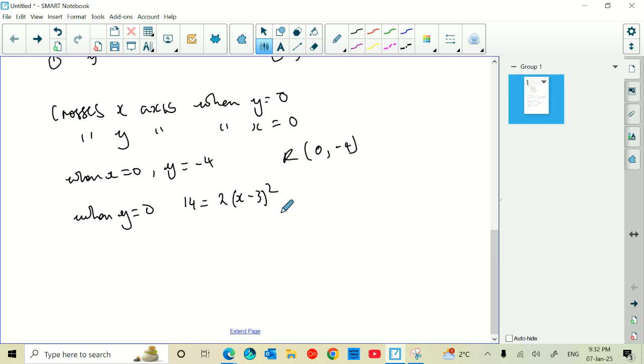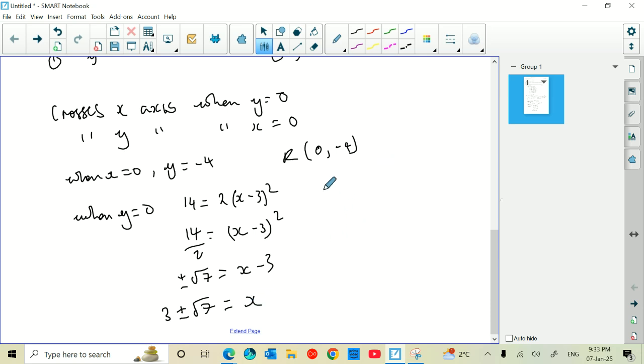So what does that give me? Well, that gives me 14 divided by 2 is equal to x minus 3 all squared, which means that this is 7. So the root of 7 is equal to x minus 3. And therefore, or should I say plus or minus the root of 7, I've got 3 plus or minus the root of 7 is equal to x.